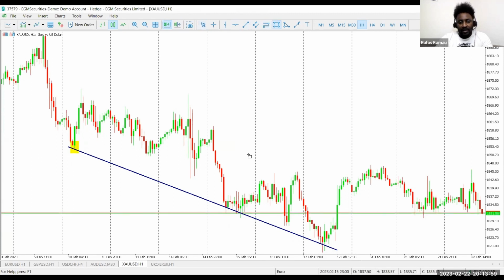Sometimes you will see these acting as a major support and the market bouncing from there. Then in this case, you have this immediate thing happening. So it's not always the case that when the market is bouncing, it will grab that liquidity. But whenever it happens, then you can get to benefit from that.